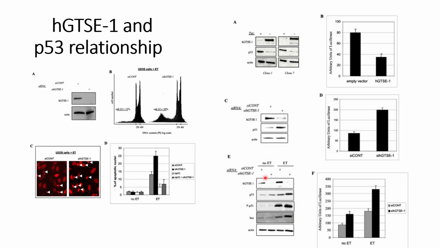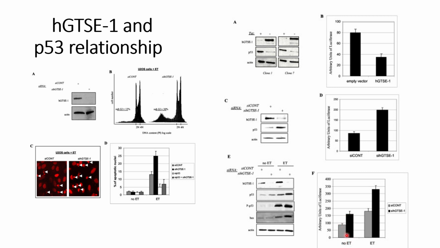So in this case, since hGTSE is knocked down, there is no upper limit control over the p53. So p53 is expressed much more compared to its control case, where hGTSE is controlling the overexpression of p53. And this is further quantified with the help of luciferase signals.